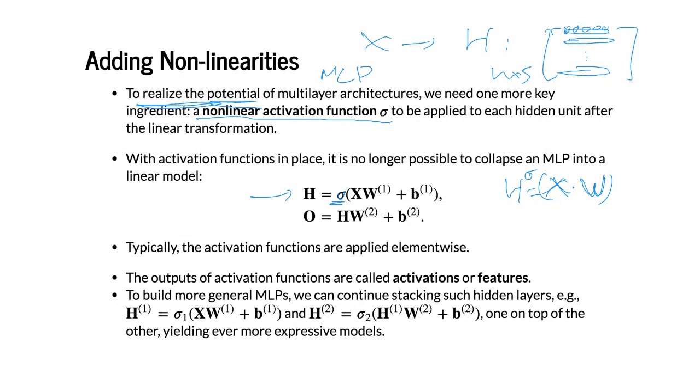That's the only difference. I calculate the H matrix and then apply this sigma function, the activation function, on each element. Does it make sense?